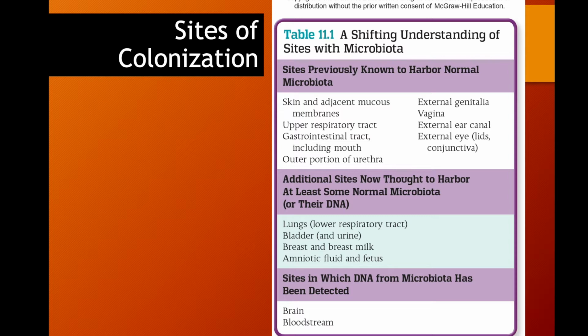These do have some organisms that exist in that area. Gastrointestinal tract, really from start all the way through the end. In fact, your gastrointestinal tract has the highest percentage of our normal flora. That's where we have the most abundant numbers of organisms, specifically in our colon, in our large intestine. The urethra, external genitalia, vagina, external ear canal, and external eye.